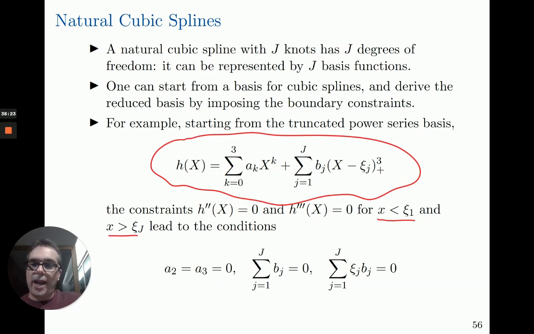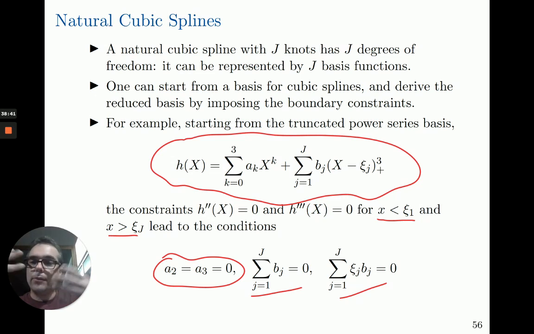So we're imposing linearity. This basically sets a2 and a3 equal to 0, and sets the sum of the b's and the psi b's to 0. So you may have a larger j here, so we may have more knots because we are freeing some degrees of freedom.